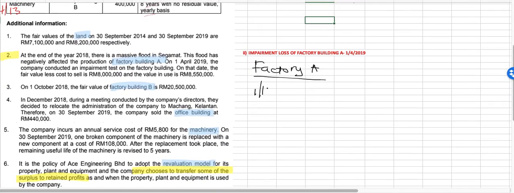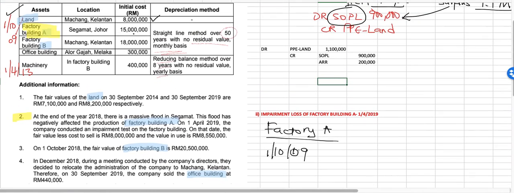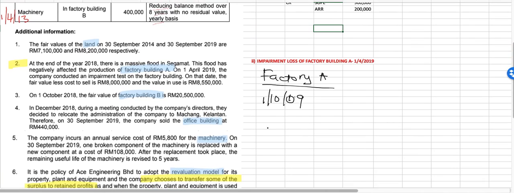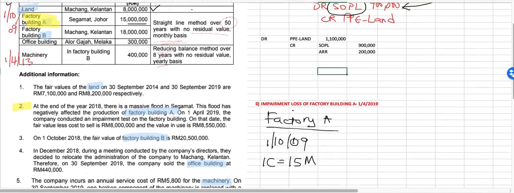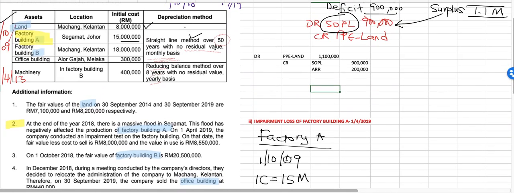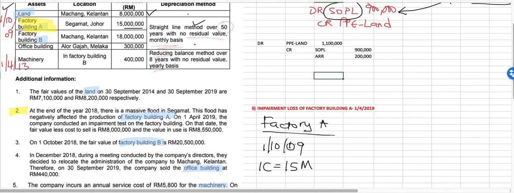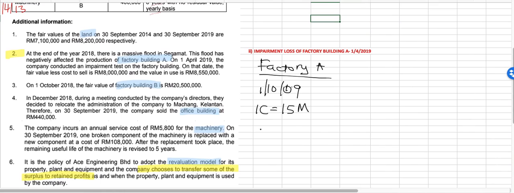And then the initial cost is 15 million. Given the straight line method over 50 years with no residual value, monthly basis. So useful life 50 years and monthly basis.